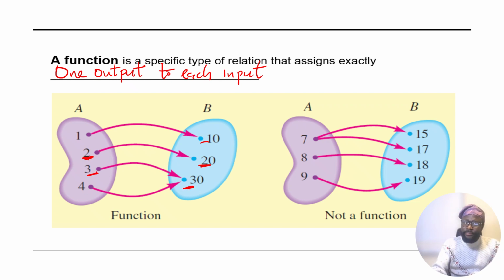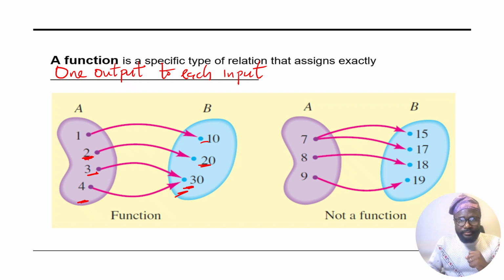Did you see that? And 4 gives 30. Somebody is confused that, oh, how come 3 and 4 is giving 30? Yes, it can be. But the thing is, look at the second diagram and I will explain.